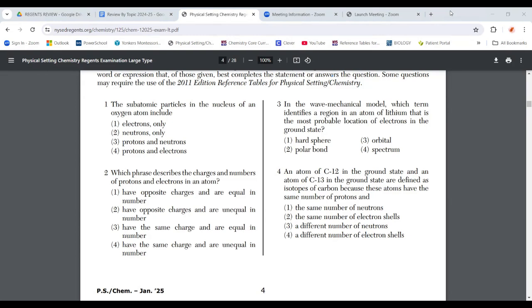You need to know things like roughly what are their mass and what are their charge. So since they're particularly referencing the nucleus, you should know that protons and neutrons are the only particles in the nucleus. So that knocks out electrons, and it knocks out basically any choice with electrons in it. That leaves us to neutrons only and protons and neutrons. You should know that both protons and neutrons are in there.